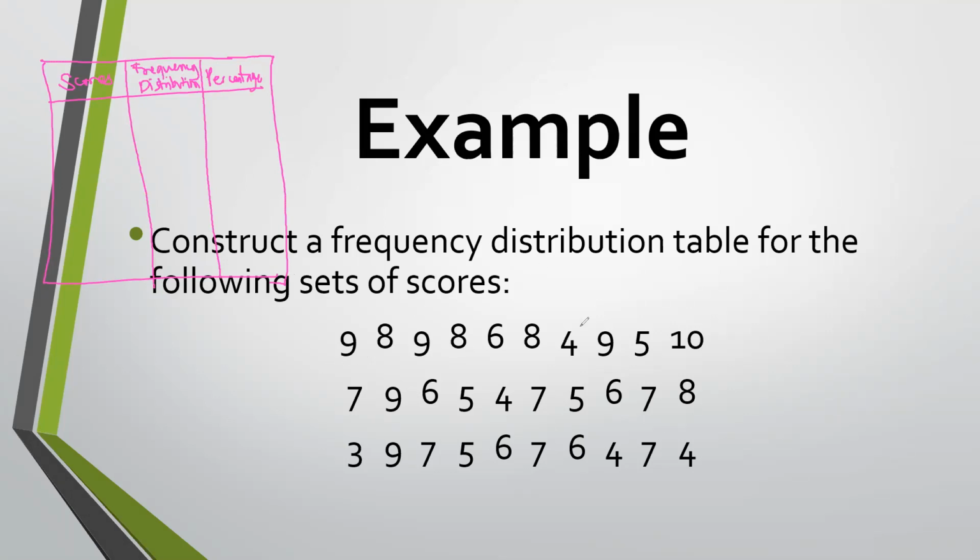Okay, sige. So looking at the scores, tanaw na to ha kung unsa ang mga available na scores. So we have the 3, and then what else? 4, 5, 6, 7, 8, 9, and 10. I guess nagsugod siya sa 3, wala man kay 2.